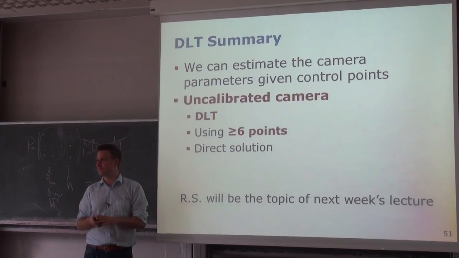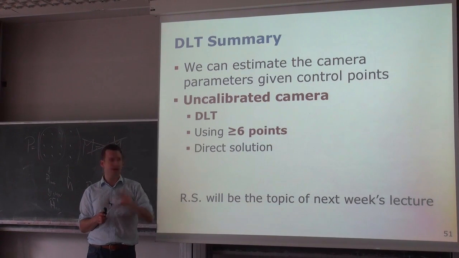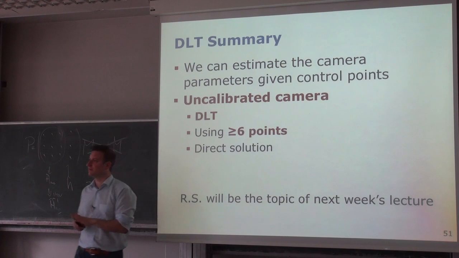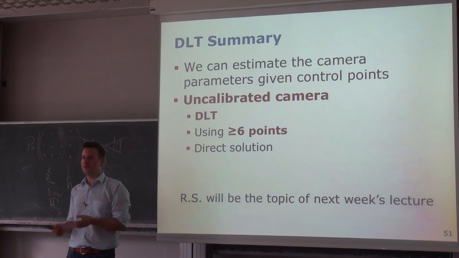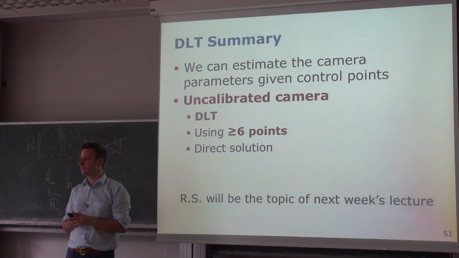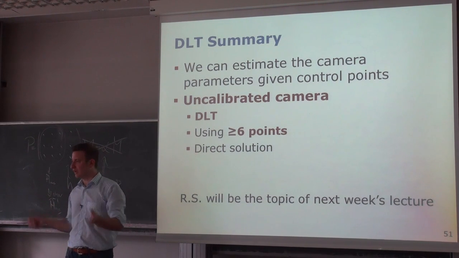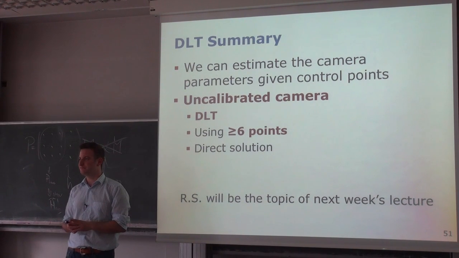You can go through those individual steps and actually do those computations yourself. It's a rather important element, because it's the standard way, assuming that you don't have any nonlinear errors, for estimating all the camera parameters from known control points. You need at least 6. You can have more, obviously.